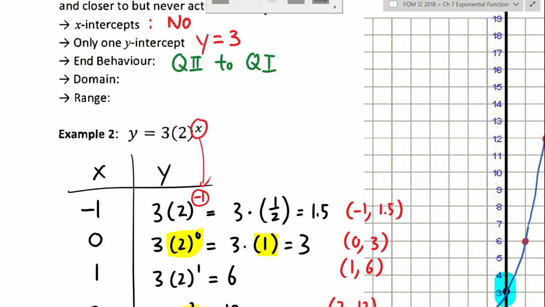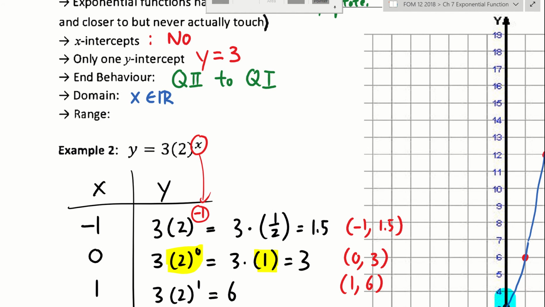So for the domain, we're going to say x is equal to all real numbers. So x can be anything, right? That symbol is a shortcut for all real numbers, which means every single number that you can think of.